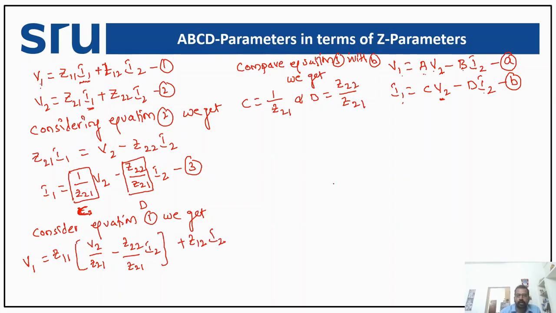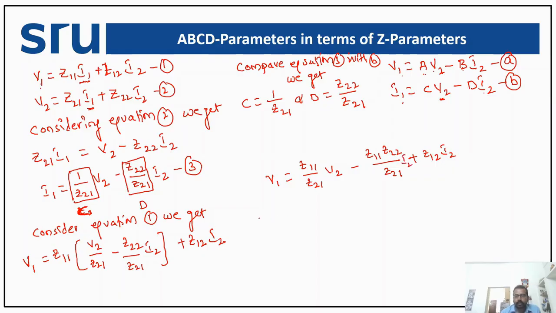So if we write again, we get V1 is equal to Z11 by Z21 V2 minus Z11 Z22 divided by Z21 plus Z12 I2. So let us rearrange this equation, because we have two I2 terms.